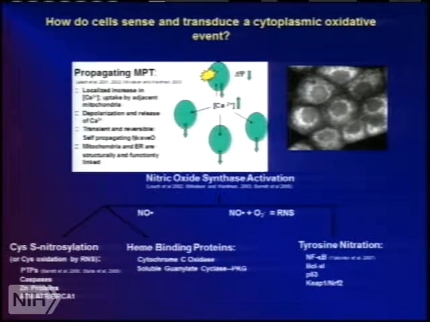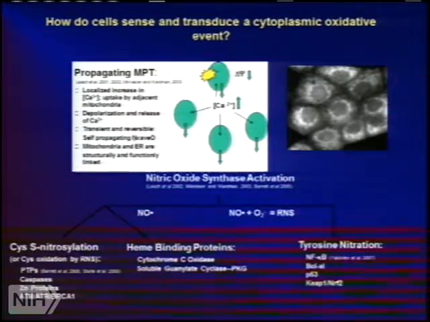Another thing that we're going to look at shortly is protein tyrosine phosphatases. They respond to both nitric oxide as well as reactive oxygen species. And then we've seen we have heme-binding proteins. Nitric oxide interacts with proteins that have iron, such as soluble guanylate cyclase.